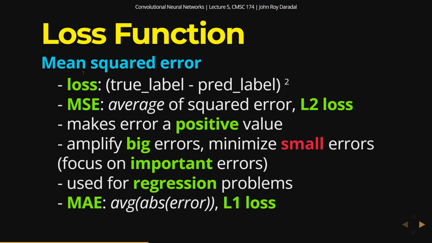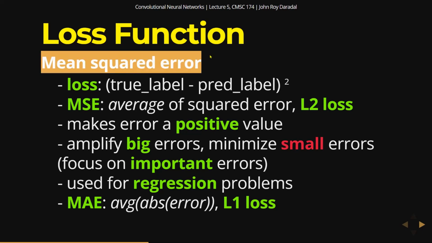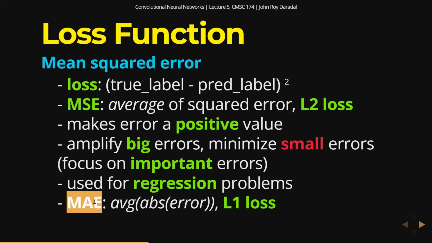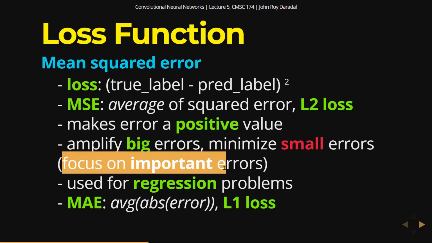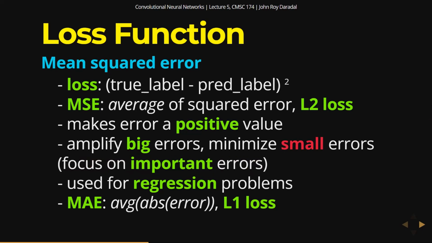So most of the time we use mean squared error over the mean absolute error. Okay, so this is also possible, but mean squared error is much more preferred, because of this property that it focuses on important errors by amplifying big errors and minimizing small errors. Okay, so that is mean squared error used for regression.